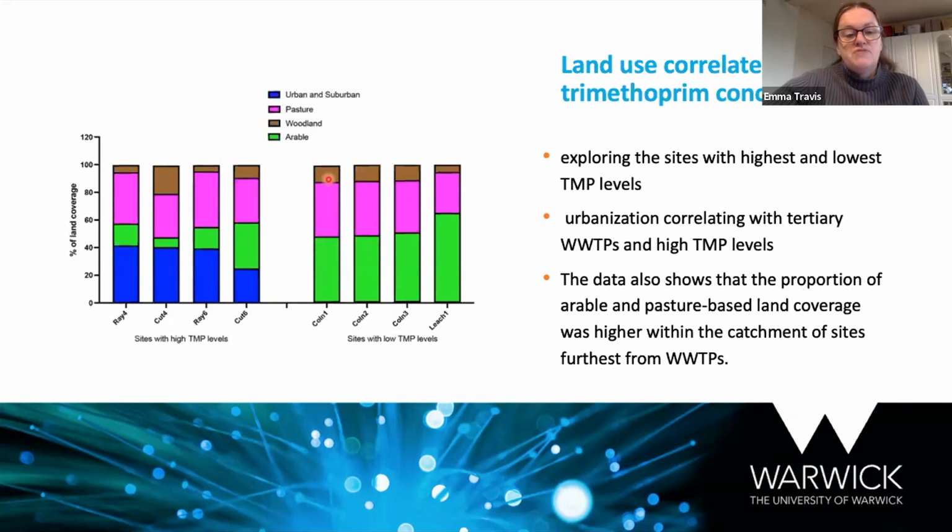The pasture stayed reasonably constant, as did the woodland. So it shows that the urbanisation is correlating with the high trimethoprim levels, and the urbanisation is also correlating with the tertiary wastewater treatment plants, and I'm not showing this data, but also the higher population equivalents as well.